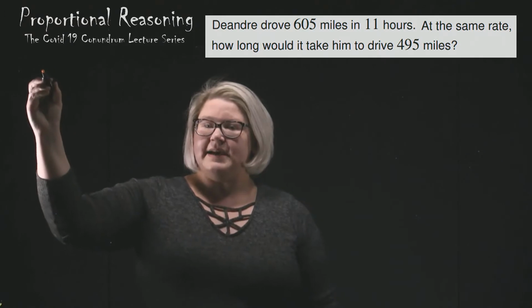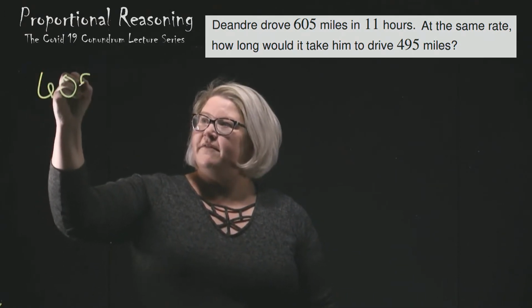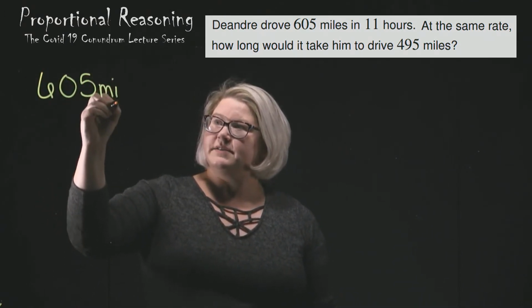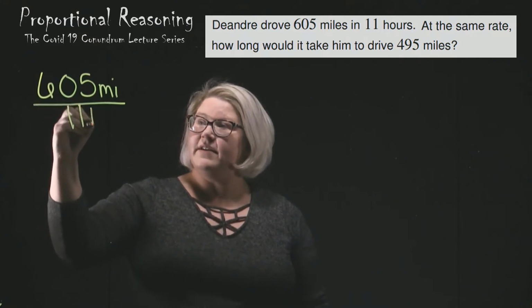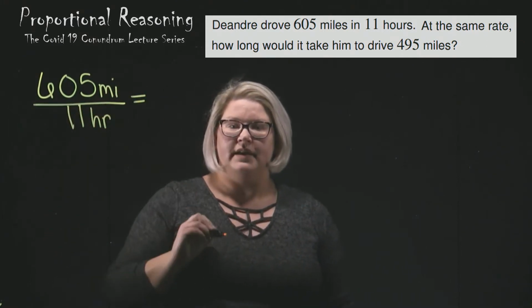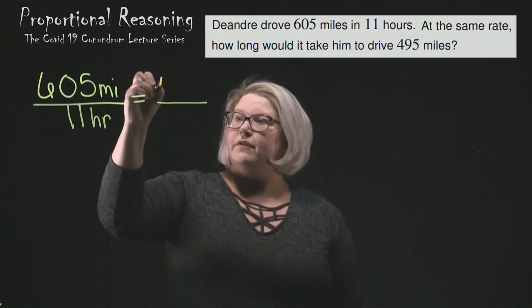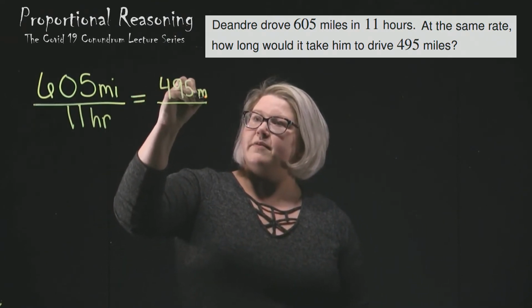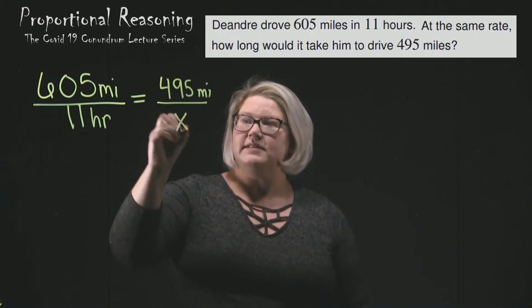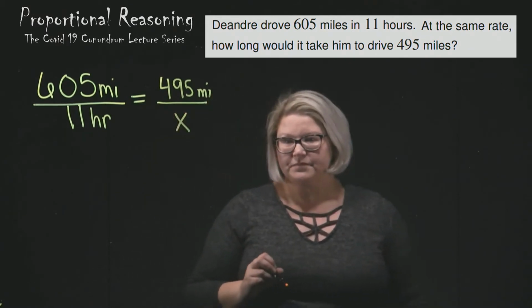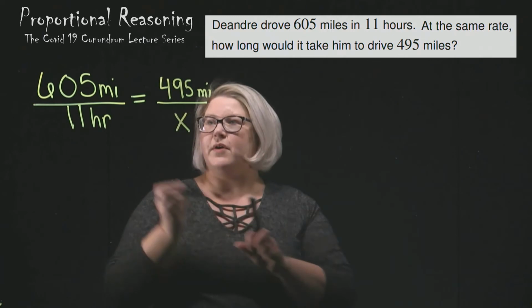So I'm going to take that top sentence, 605 miles in 11 hours. At the same rate, how long would it take him to drive 495 miles? How long means I don't know what this is. So I'm going to find my cross products.